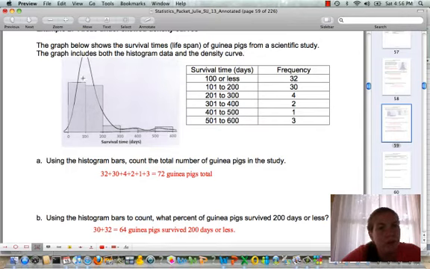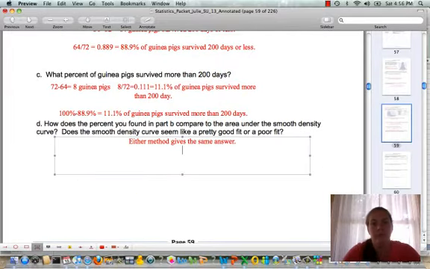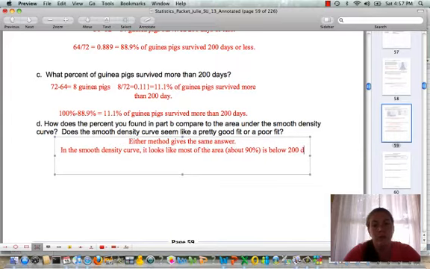In this smooth density curve, it looks like most of the area, or about, we could say 90%, is below 200 days. So in my opinion, the smooth density curve does seem like a pretty good fit.